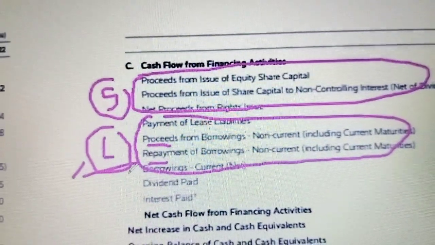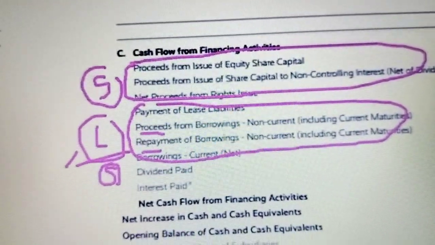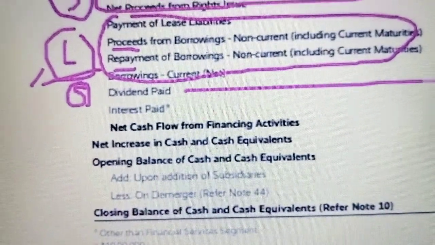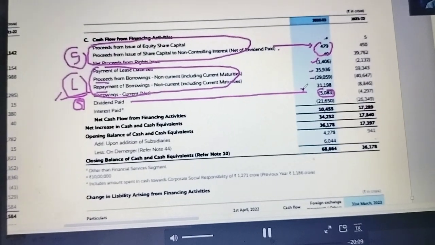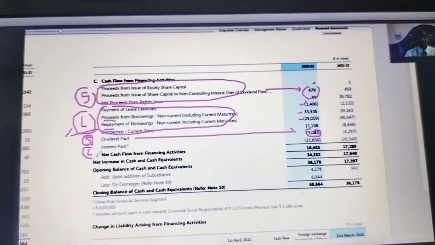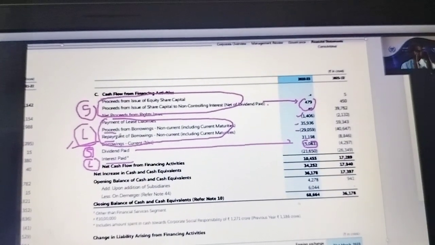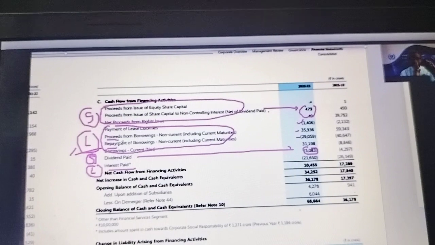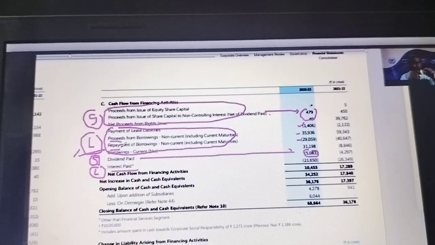Next, again shareholder: if there is a dividend, you can see this is another number where you can find out whether dividend is paid or not in the cash flow statement. Fourth is the interest payment. This is for the loans. You know that on the balance sheet there was equity, in which shareholders, and then liability, where loan and bondholder.